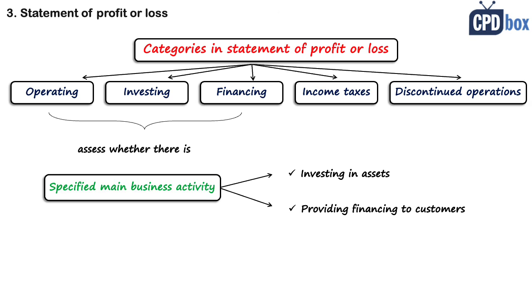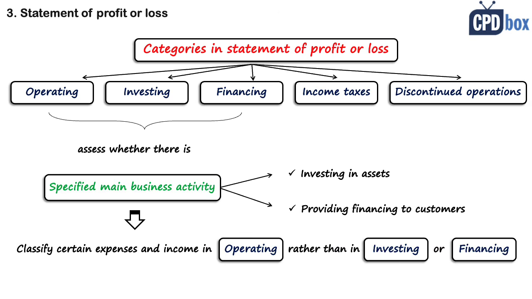Obviously, due to the character of their main business, these entities classify many of their expenses and income in the operating rather than investing and financing category. For example, interest expenses are in the financing category for a production company, but in the operating category for a bank.